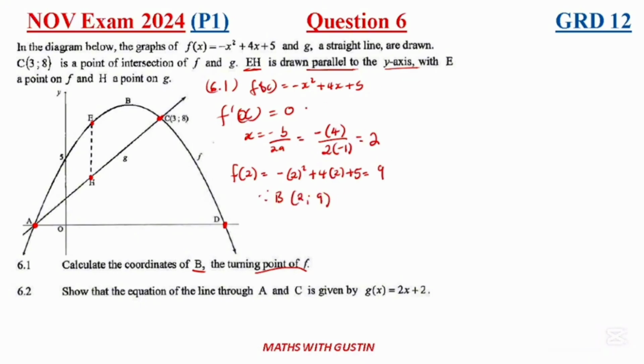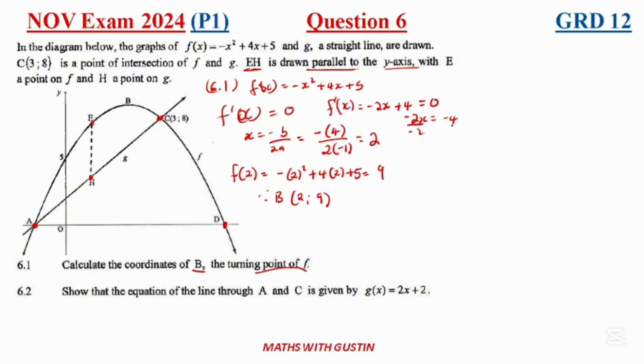Okay, so a similar thing would apply if you were to take the derivative. If you were to take the derivative of that, you're going to get f prime is equal to negative 2x plus 4. Therefore this should be equal to 0. Therefore we're going to have negative 2x is equal to negative 4.